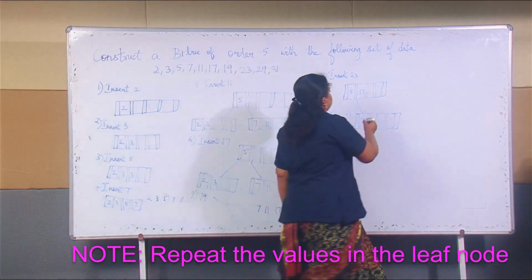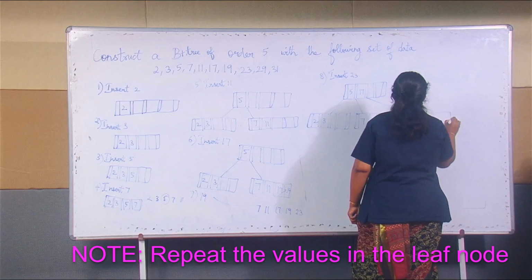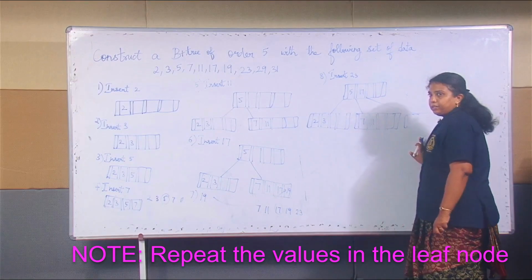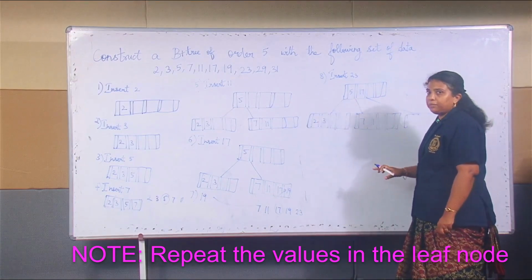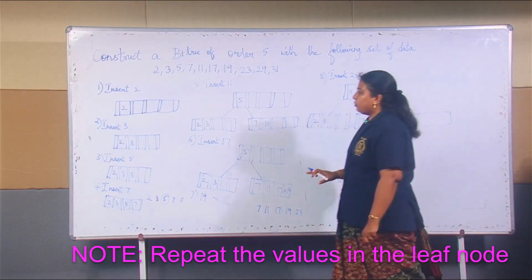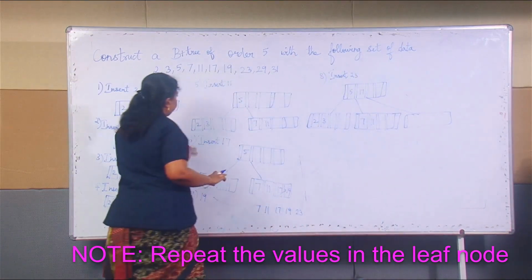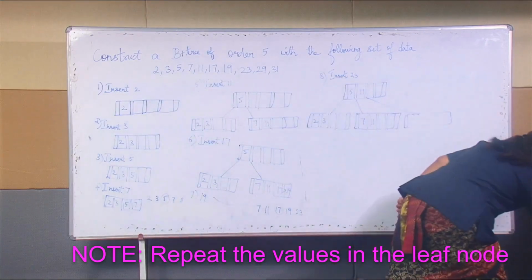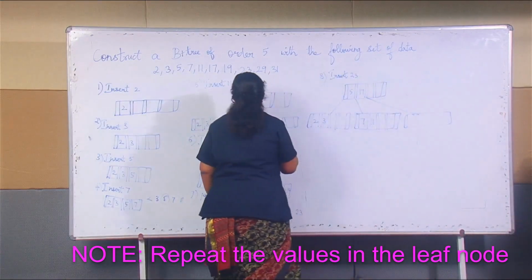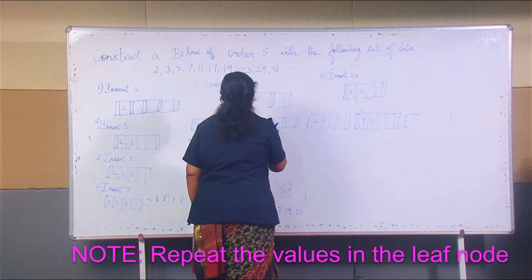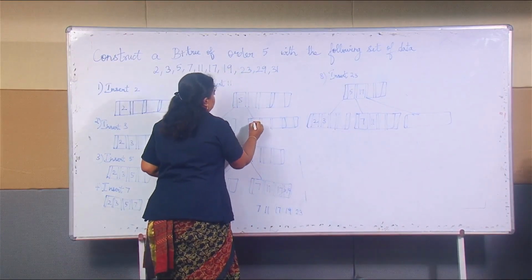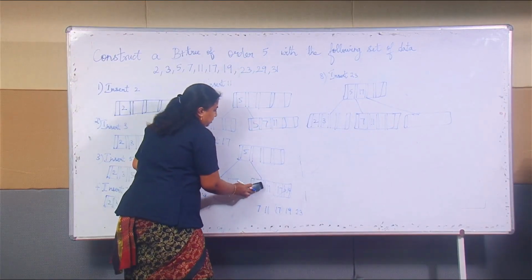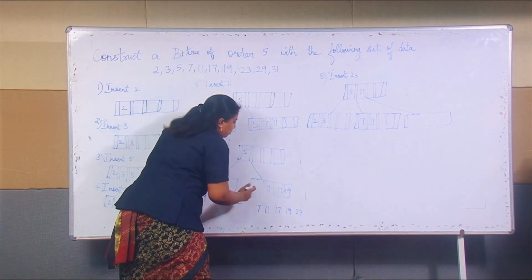But here we should make sure this 17 is also repeated in the leaf node and this 5 should also be repeated. So when you move the element 5 to the root node, place 5 here as well, because it should be repeated in the leaf node as well.